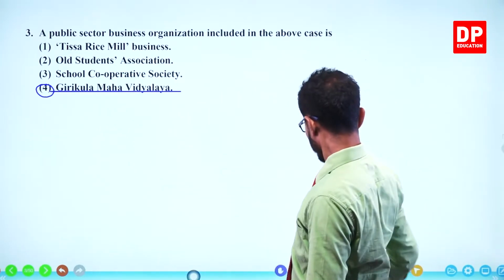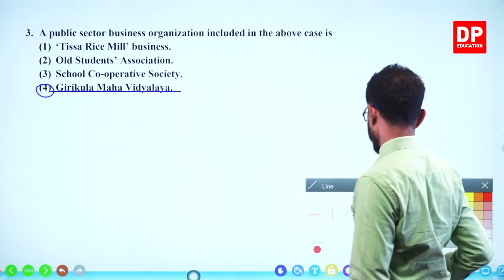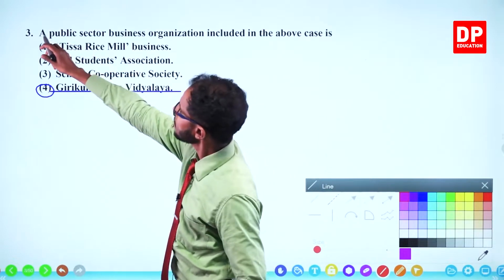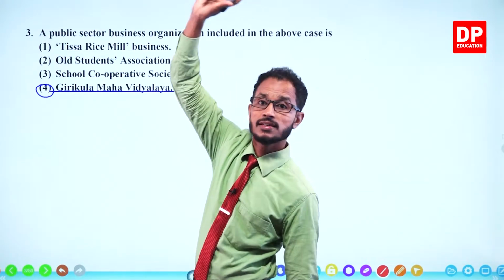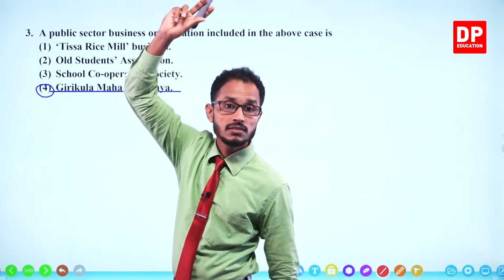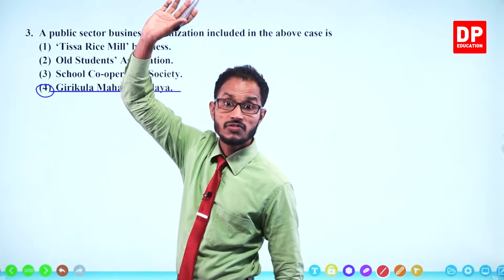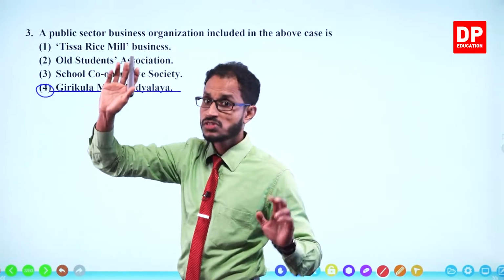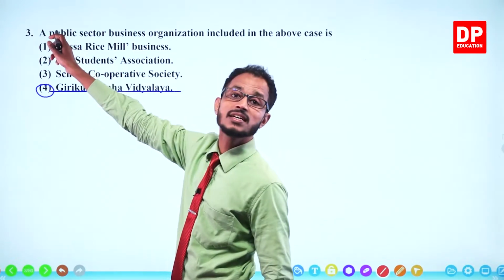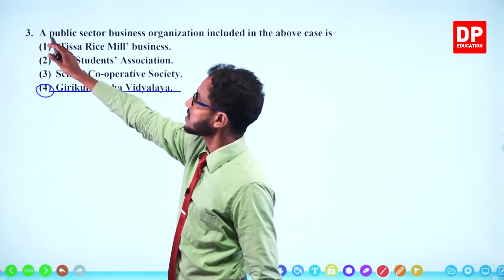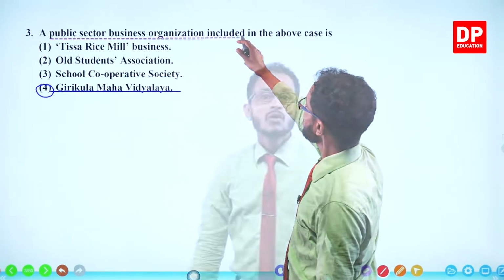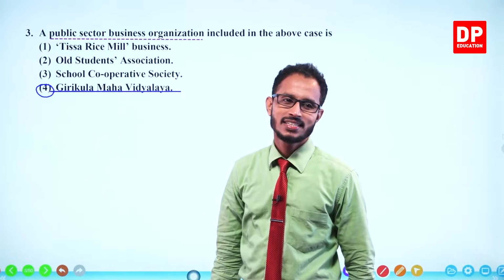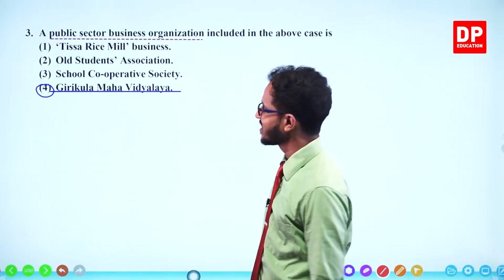Okay. You have to know, children, that most of the public sector business organizations, I'm not using the word all of the government organizations. I'm saying most of the businesses in the government sector, public sector, most of them are welfare oriented, non-profit organizations.